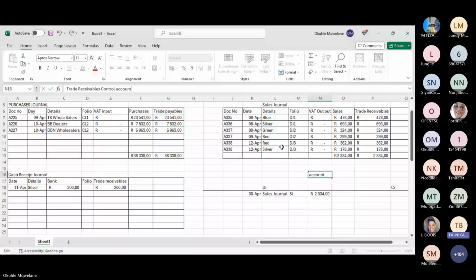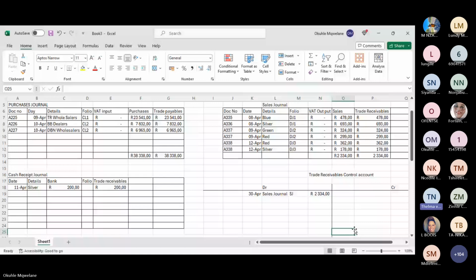Thelma, hello. I wanted to ask, if there are errors that are incurred, do we calculate them there in the trade receivables control account?